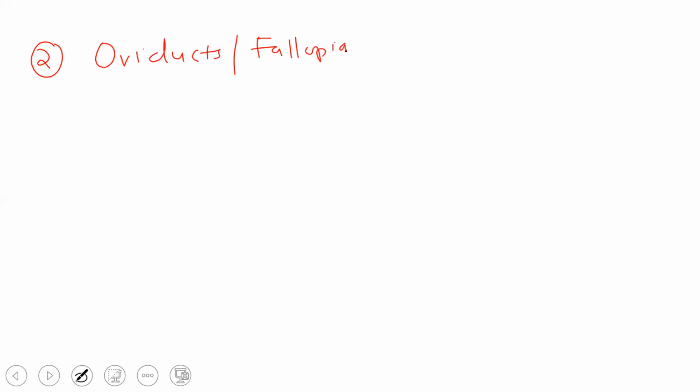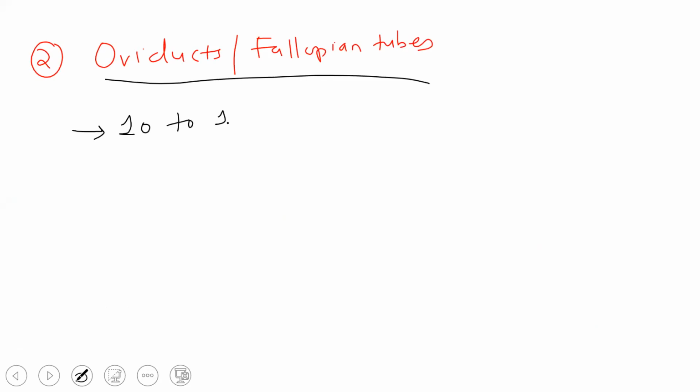Each oviduct or fallopian tube, this is the common term, is 10 to 12 centimeters long and extends from the periphery to the uterus. I'll show you the diagram.